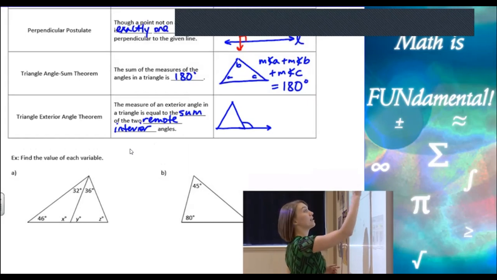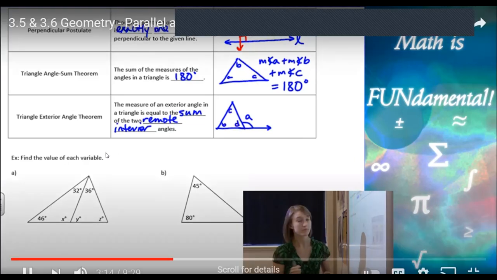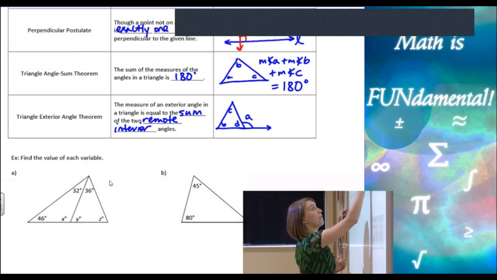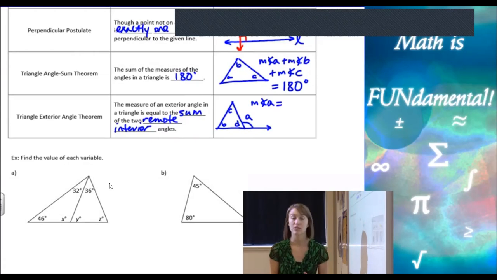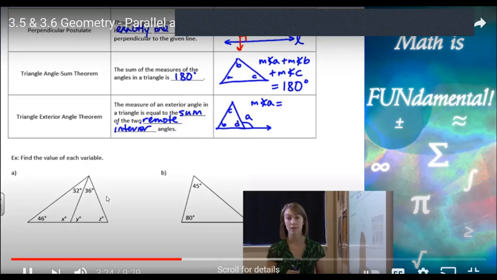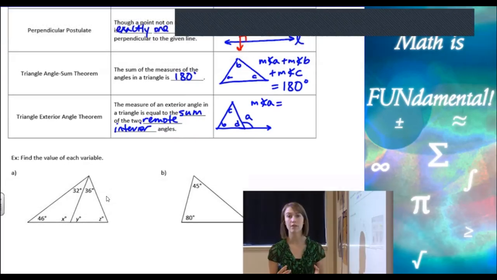Let's name these angles A, B, C, and D. We want to show that the measure of the exterior angle A is equal to the sum of the remote interior angles. What remote means, if you think about a remote piece of land or an island, it's separated from the other pieces of land.